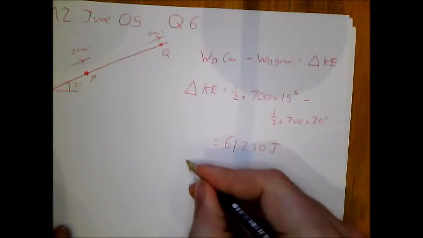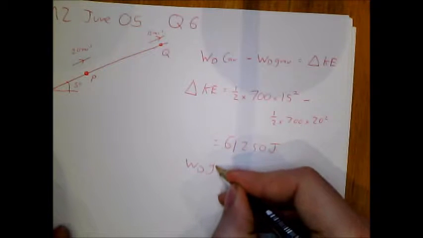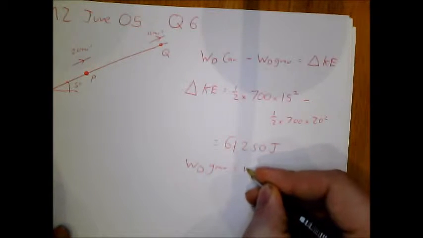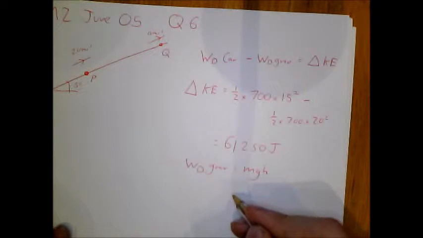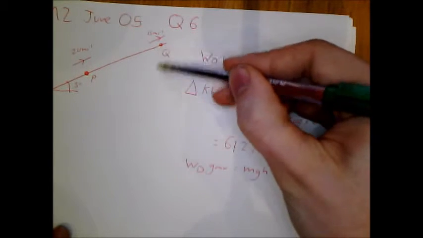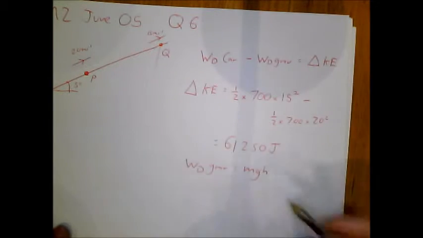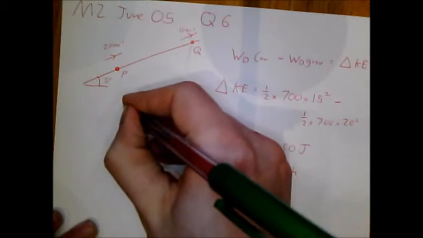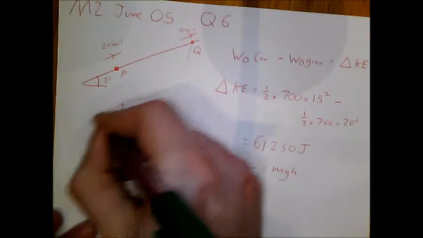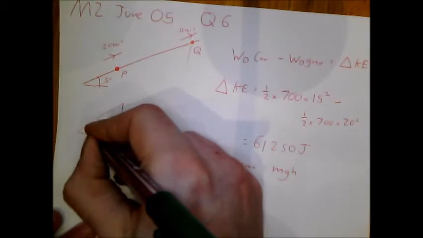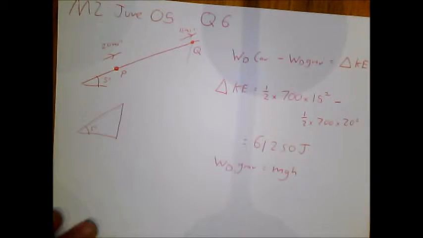Now, the work done by gravity is basically going to be our change in gravitational potential energy, mgh. Okay, so we don't know the height it's increased by, so we have to do a small trig diagram here. We've got a 5 degree angle, and it travels, how far does it travel? 400 meters.